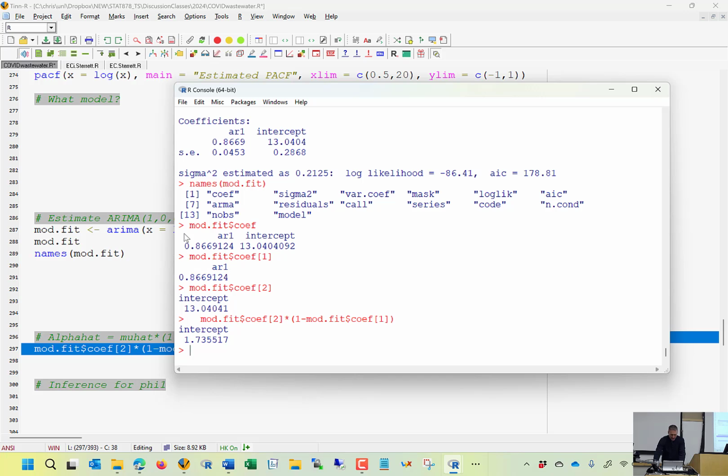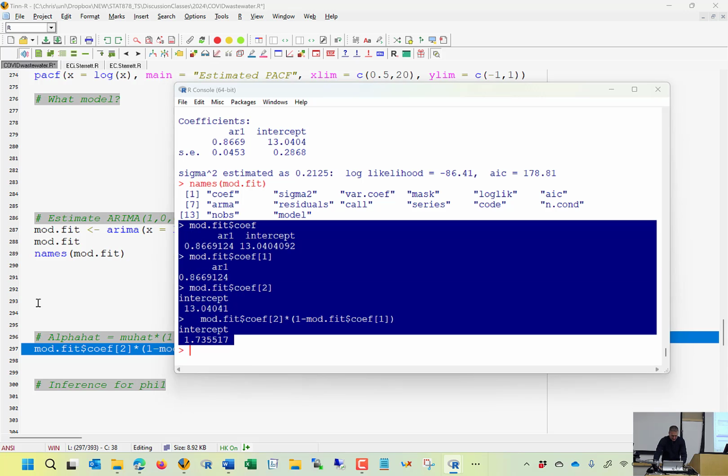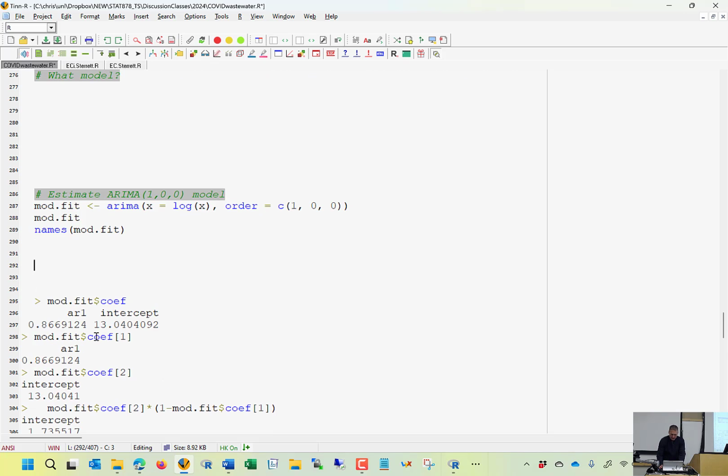So let me copy and paste this information. If I were to write out my model, what would it be? I start off with a parentheses, then what? Yep. Times x of t is equal to what?